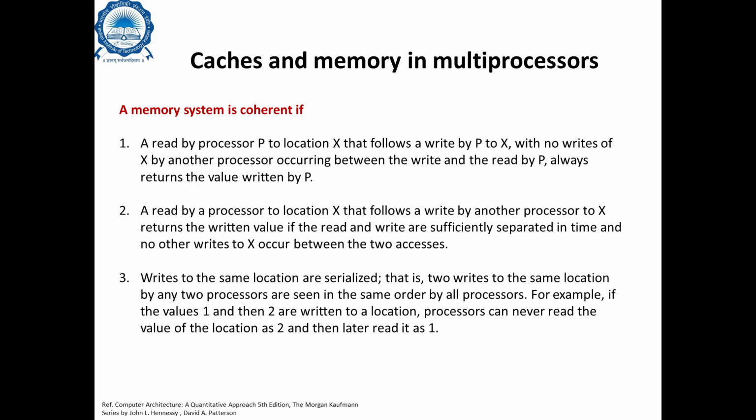let's define formally what is a cache coherent memory system. A memory system is coherent if a read by processor P to a location X that follows a write by P to X, with no writes of X by any other processor occurring between the write and the read by P, always returns the value written by P. Second property is a read by a processor to location X that follows a write by another processor to X returns the written value if the read and the write are sufficiently separated in time, and no other writes to X have occurred between the two accesses.